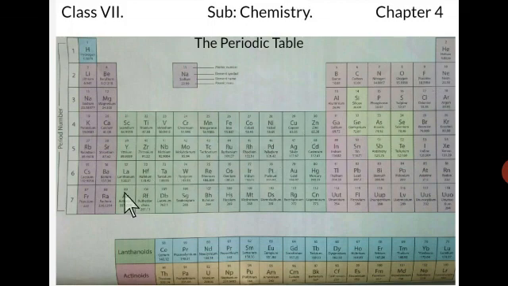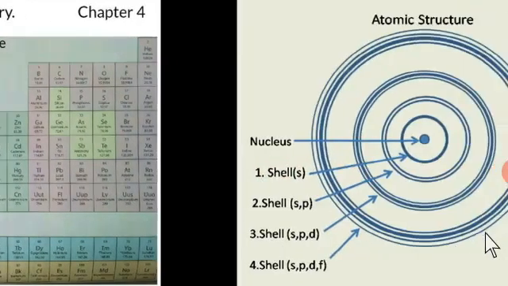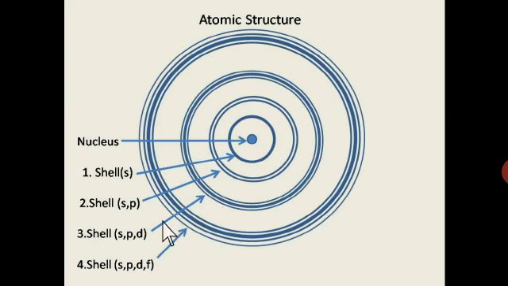If the electrons are there in the D subshell, then these are arranged here, D block elements, green colored elements. These are D block elements if the outermost is there in the D subshell.